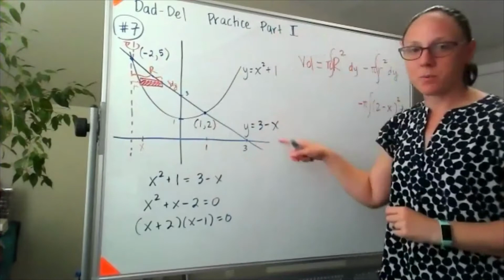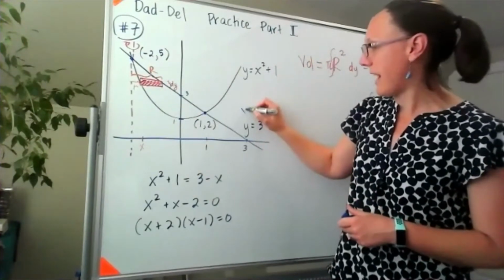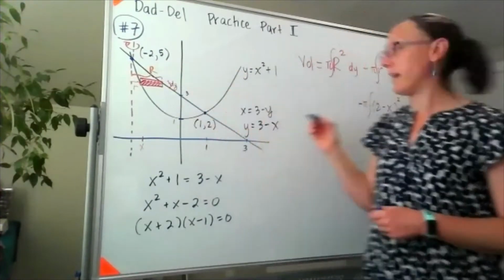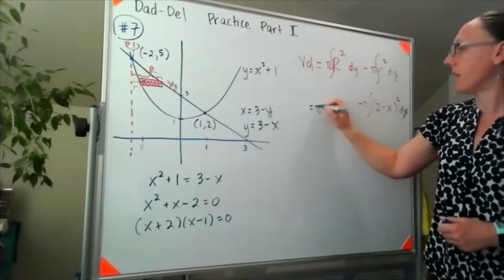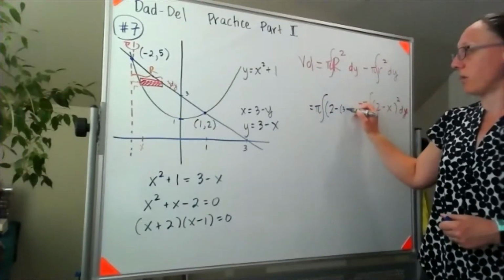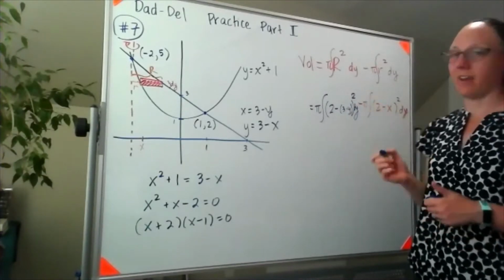Since this line is pretty easy to rearrange, I'm going to rearrange this line to say x equals 3 minus y. So for that larger radius r, I would be looking at 2 minus (3 minus y), that whole thing squared dy.